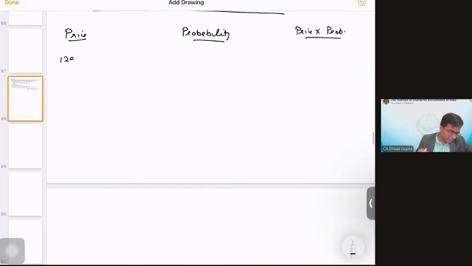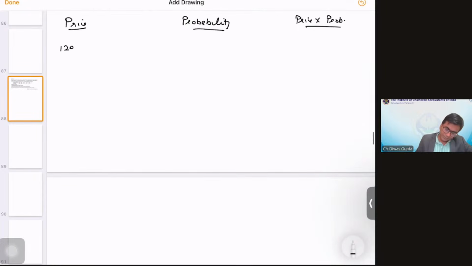120, the probability is 0.05. It is going to be 6. 140, 0.20. It's going to be 28. 160, 0.50. It's going to be 80. 180, 0.10.